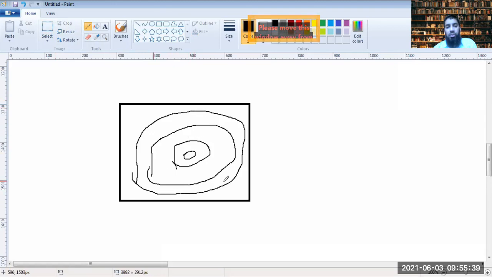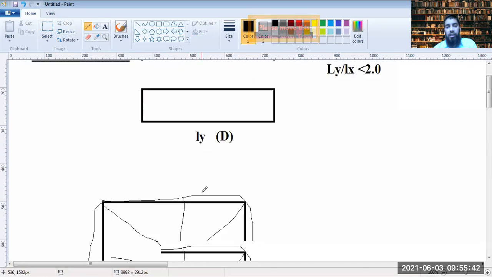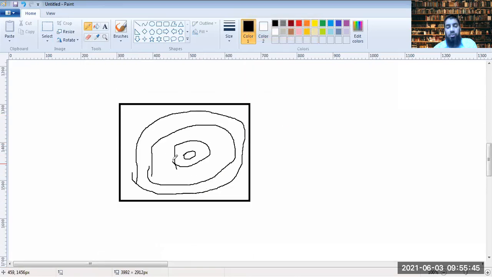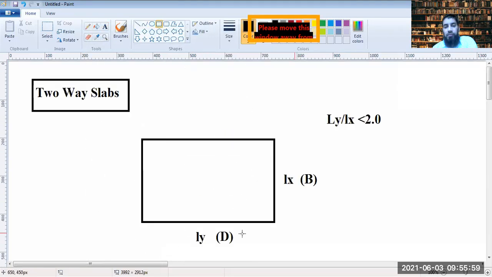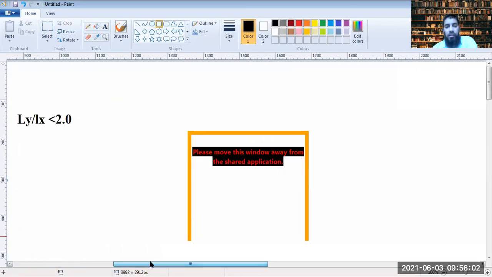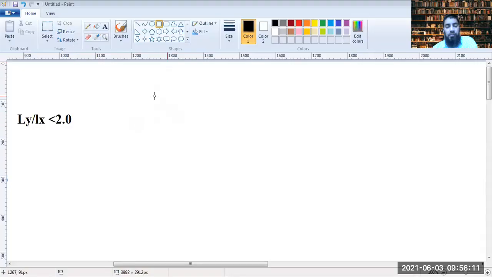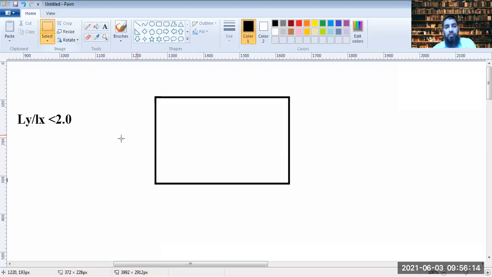Now, because there is not any appreciable difference between Ly and Lx, these deflection contours could be traveling as circles or at maximum as ellipses. So thereby, what we have is that a two-way slab is being supported on all four edges.